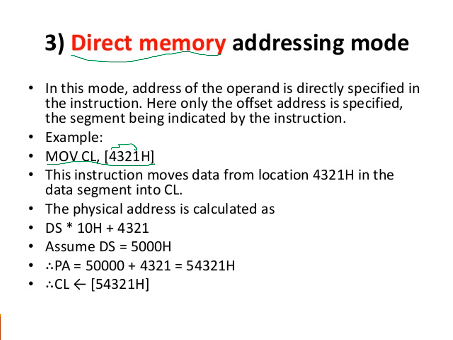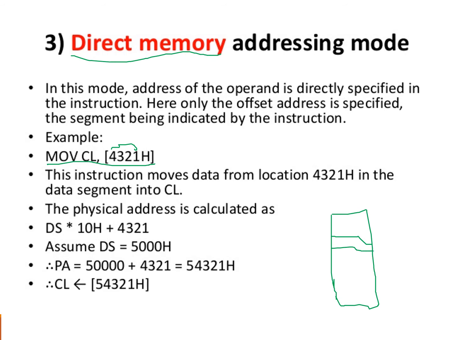When it generates the physical address, the data available at that physical address will be copied into the CL register. Let us consider this is the data segment we are using. Within the data segment, as we know the data segment size is 64 KB, 64K memory locations are available. One of those memory locations is where we want to access the data.